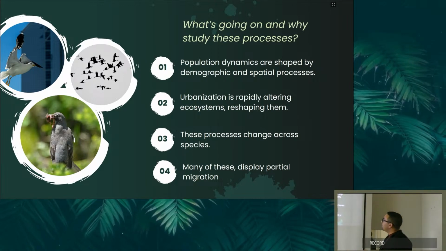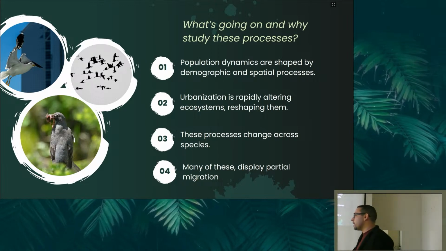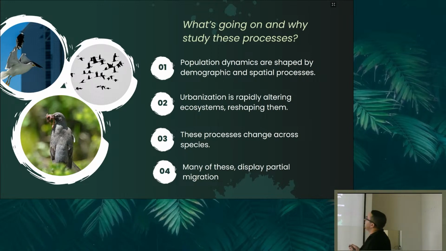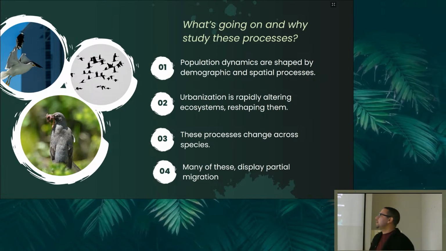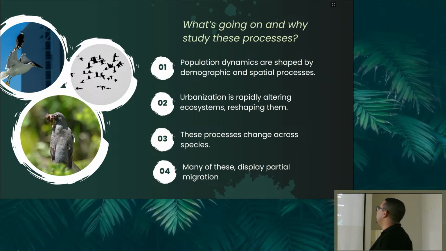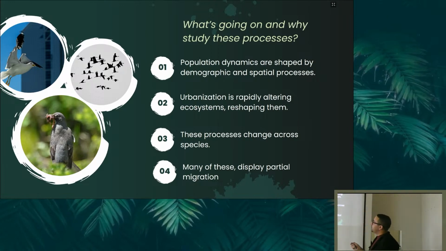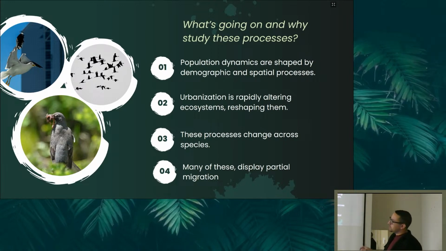But we also have another phenomenon occurring rapidly around the world, which is urbanization. Urbanization is rapidly altering entire ecosystems and habitats, reshaping those processes. If we go a little lower, these processes not only change thanks to urbanization, but they also change across species.